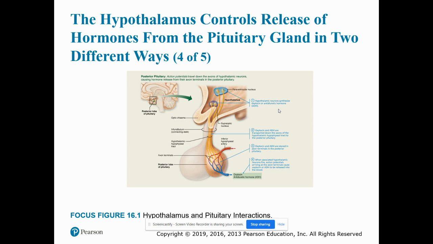They're then going to be stored in axon terminals in the posterior pituitary. And when the associated hypothalamic neurons fire, action potentials arriving at the axon terminals will cause either oxytocin or antidiuretic hormone to be released into the blood. It's just going to be dependent upon what the circumstance calls for.